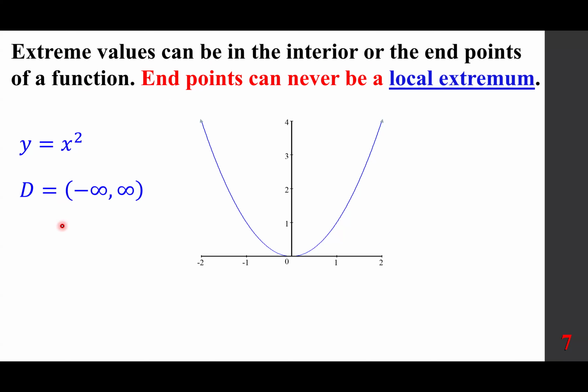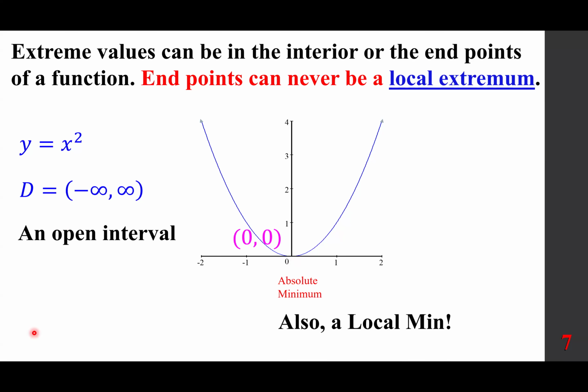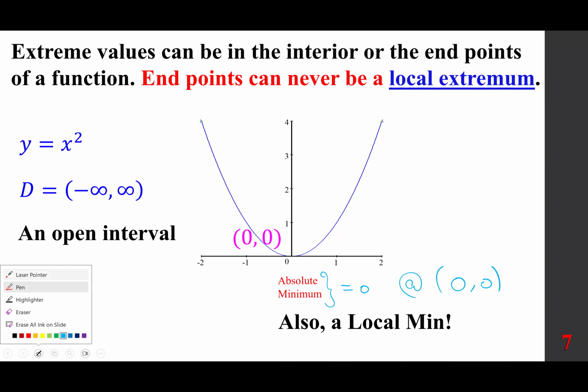So y equals x squared with an interval of all real numbers, which is an open interval. If you look at this point having coordinates 0, 0, this is the absolute minimum, which is also a local minimum. I want you to know that. And the way we would write that, by the way, we would write absolute minimum is 0 at either x equals 0 or the pair 0, 0.